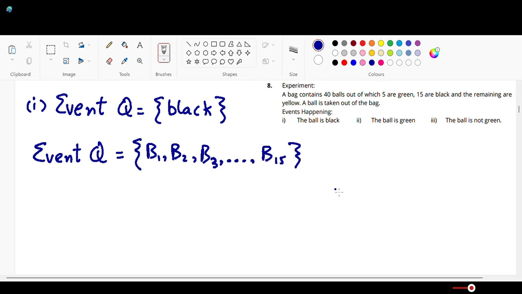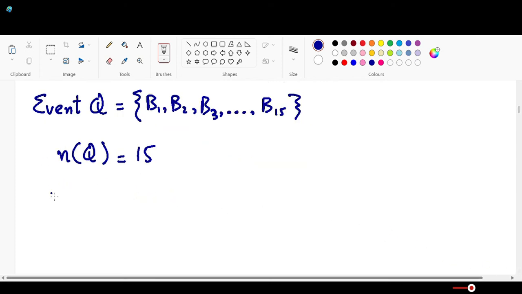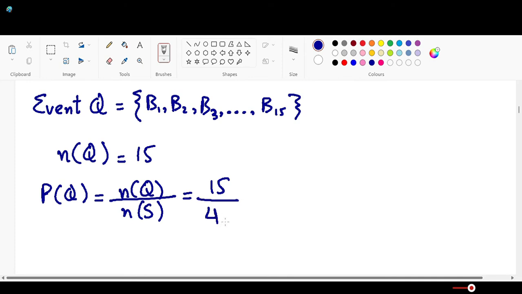Okay, so these are the black balls, and the number of black balls is going to be n of Q, event Q, which will be 15. Now, the P of Q, or the probability of Q, will be equal to the number of elements in Q divided by the number of elements in the sample space, which will be 15 divided by 40, which cancels down.